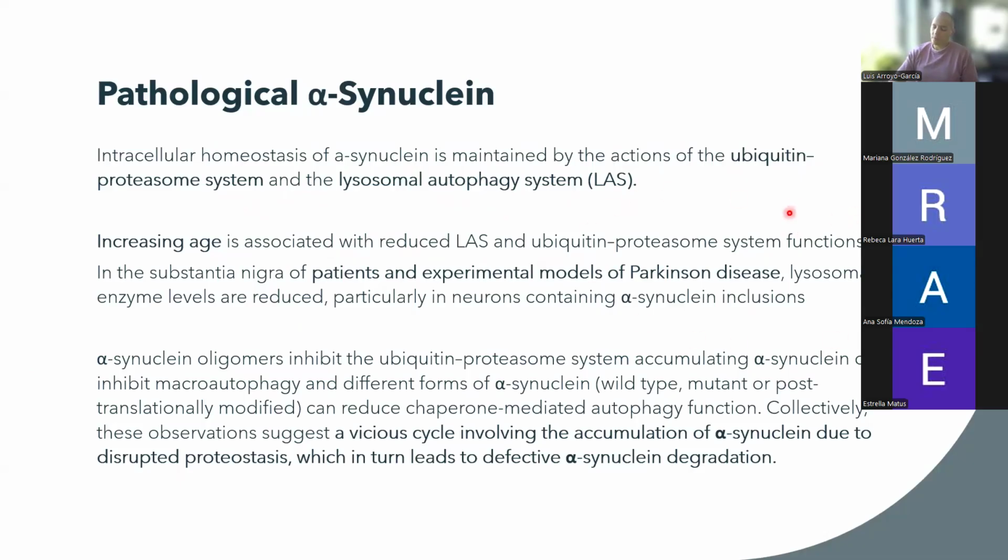And there is, for example, age-related parkinsonism that is actually not Parkinson's disease, just because these proteins start aggregating. The problem is also that alpha-synuclein inhibits this ubiquitin proteasome system, which inhibits macroautophagy and then reduces autophagy function.